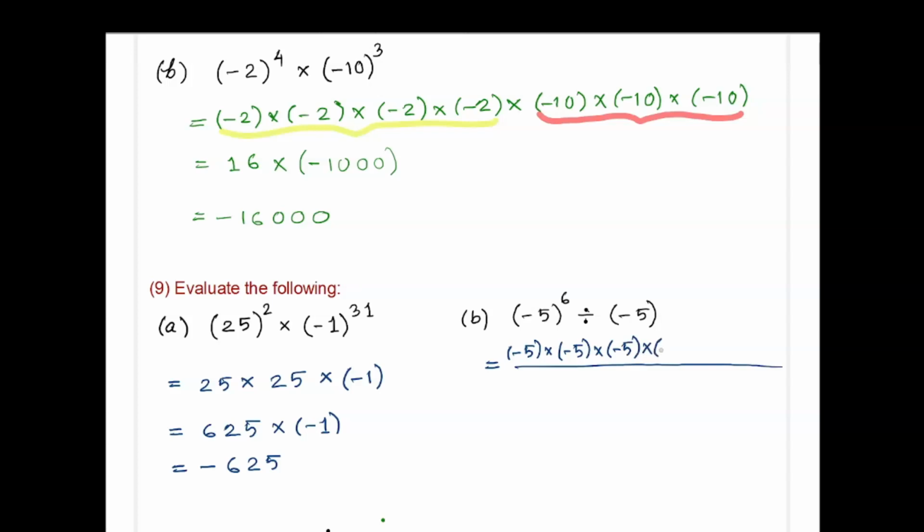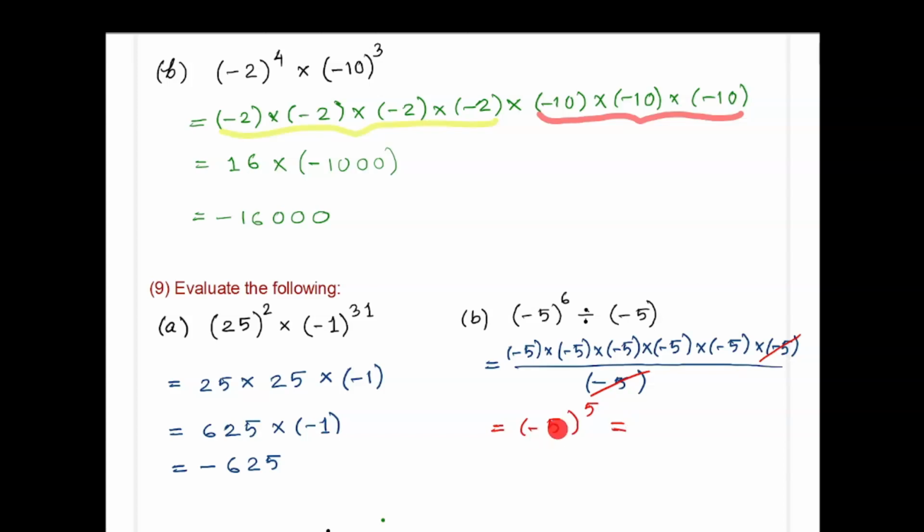So like that, how many times? 4, 5, 6 times. And divided by minus 5. Yes. So this minus 5 and this minus 5 will be cancelled out. So what will be the remaining? Minus 5 to the power what? 5.